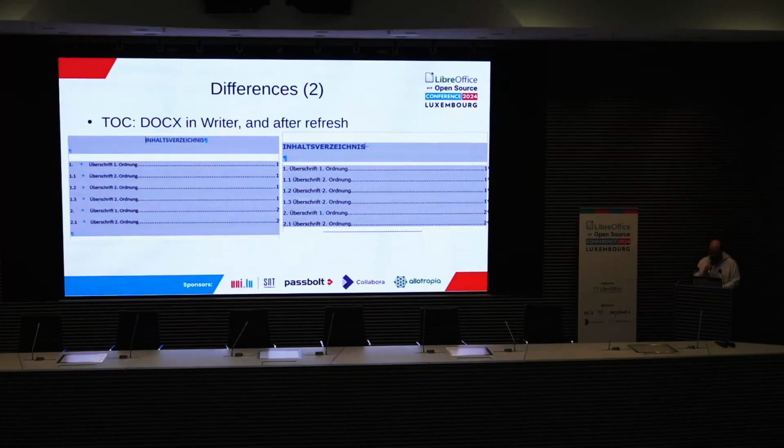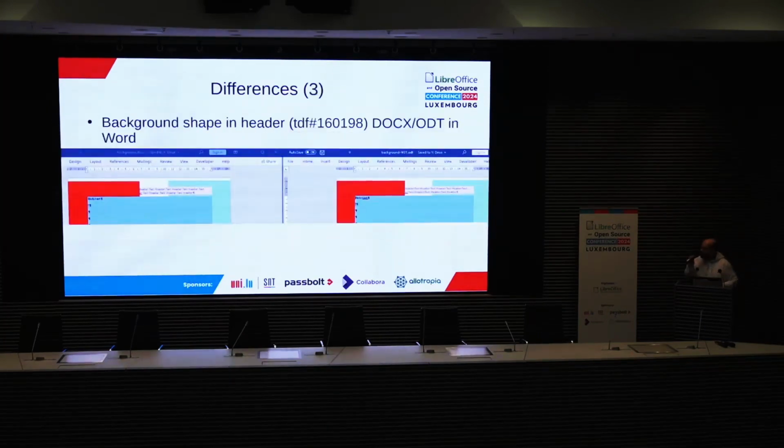Let's see another example. It was actually pulled from a bug report in Bugzilla. Background shape in header. They had some very funny image which was anchored in the header, represented by this green rectangle, which is behind the header text.